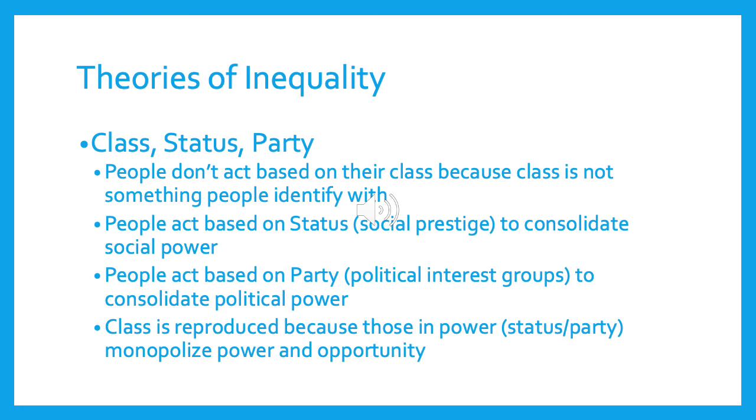Another example of a demographic grouping would be men 18 to 25. Now, if you're a man who's 18 to 25, you may be aware that you're a man aged 18 to 25, but you don't necessarily identify with that. You don't necessarily have any interests as a man aged 18 to 25.